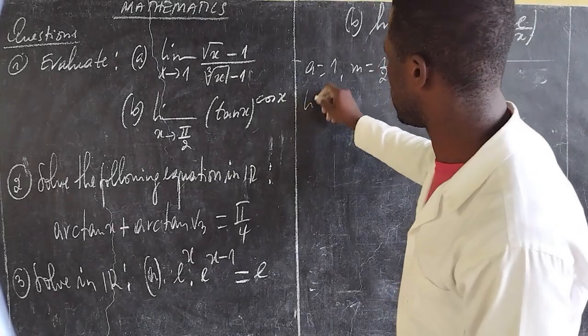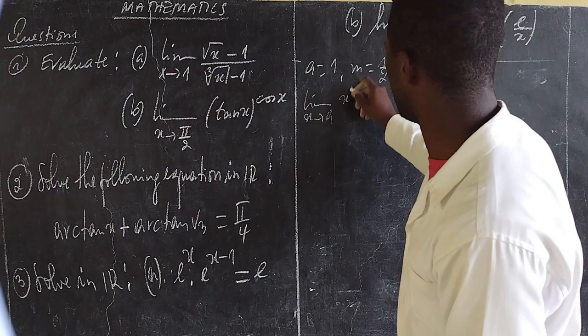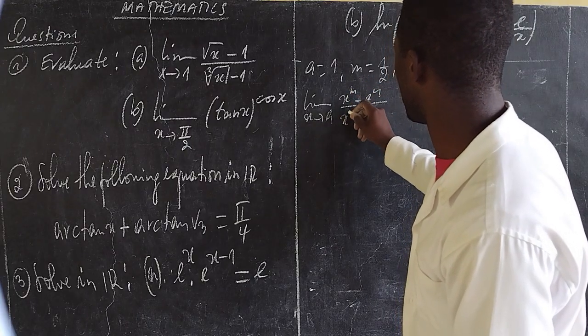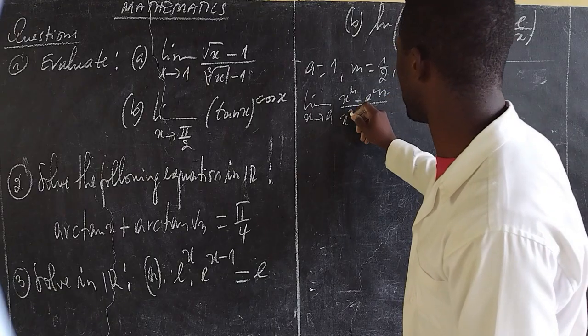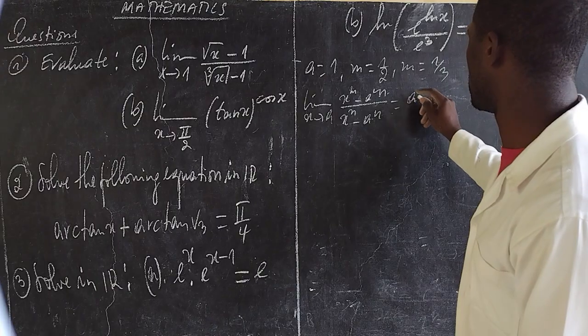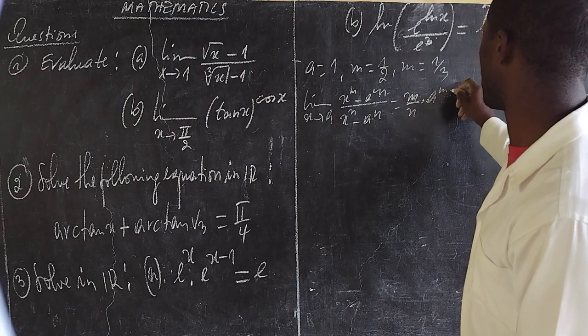The property says that the limit as x approaches a of x to the power m minus a to the power m over x to the power n minus a to the power n is equal to m over n times a to the power m minus n.